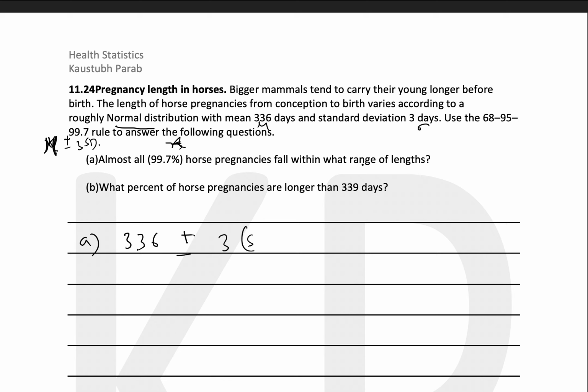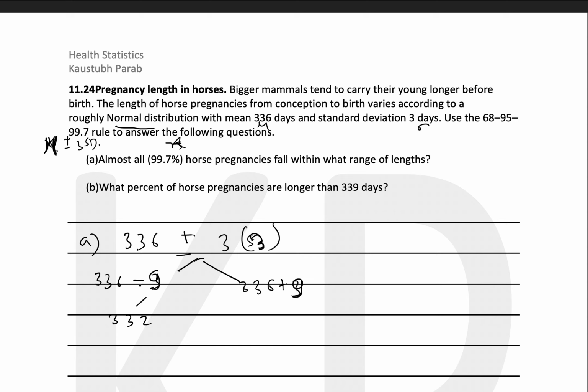In this case, standard deviation is 3 days. So you're going to get two values. If you do 336 minus 3, that's going to give you 332. Upper boundary will be 336 plus 3. Actually not 3, because 3 times 3, that's 9.